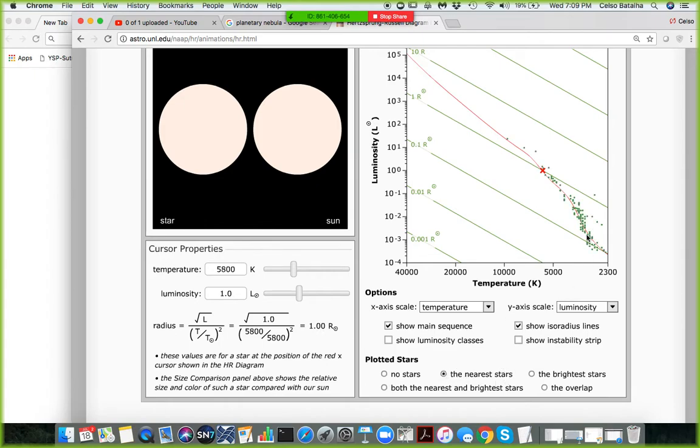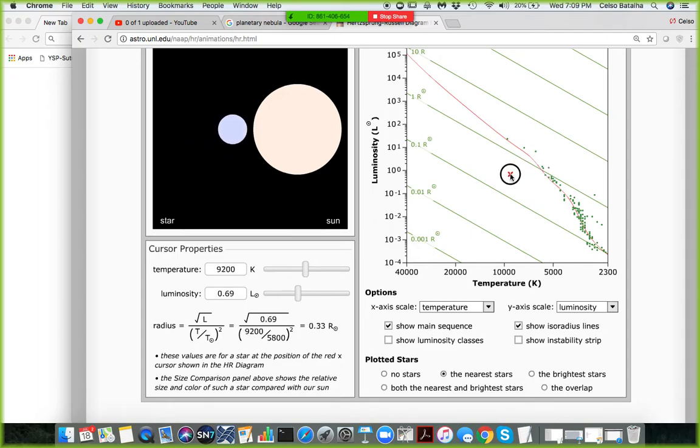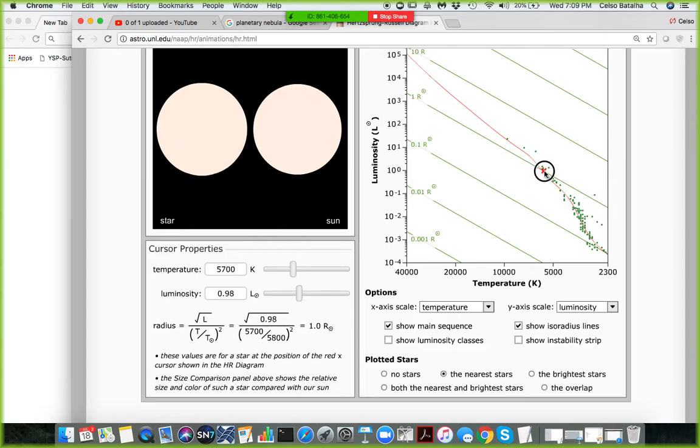You see that most of the stars in the galactic disk are subluminous. Sub means they have small luminosity. The solar luminosity is 1, so the sun is right here. This red cross is where the sun is.